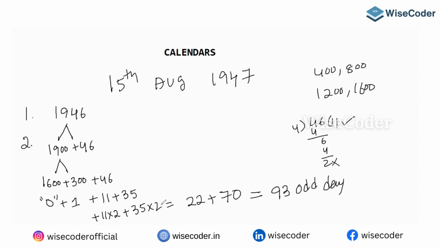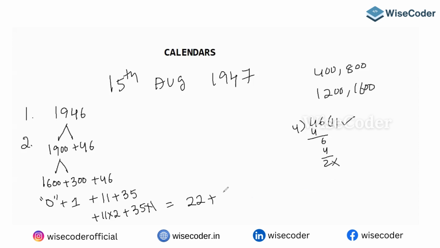Sorry, this is where we are doing wrong. A normal year will have only 1 odd day, so that is plus 35 only.